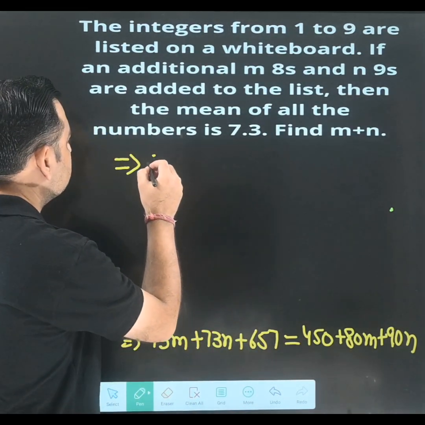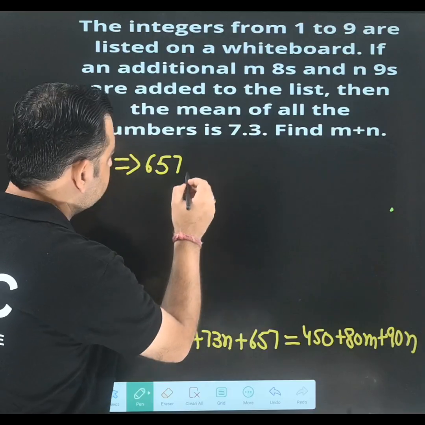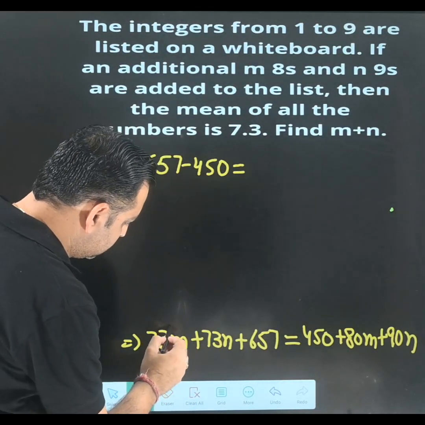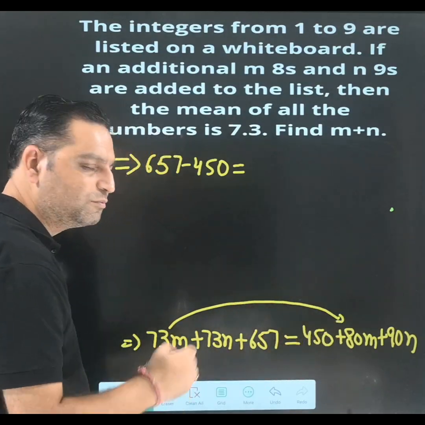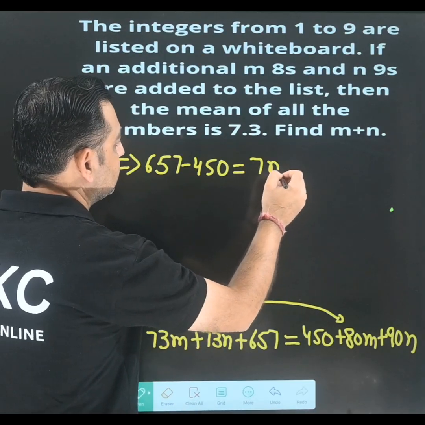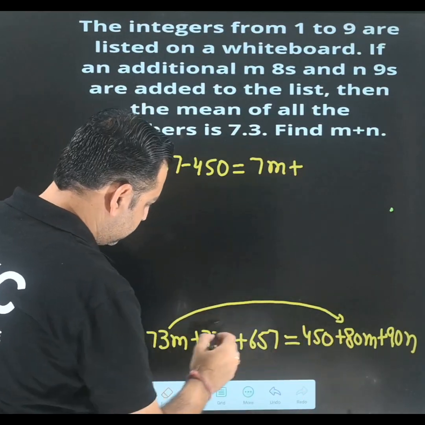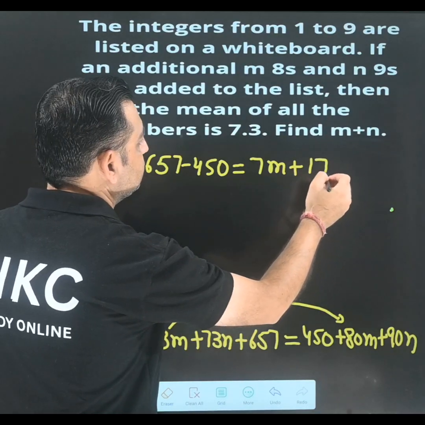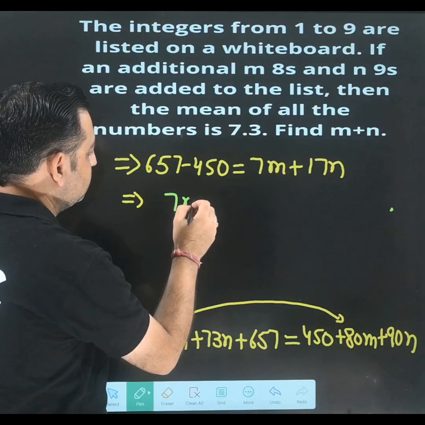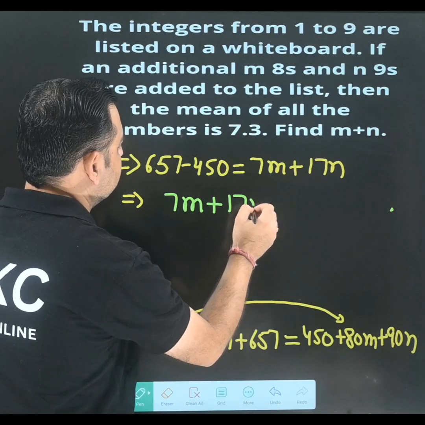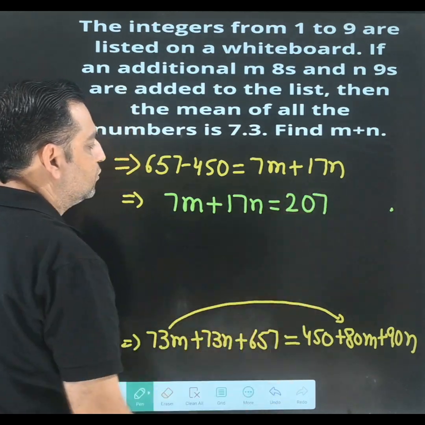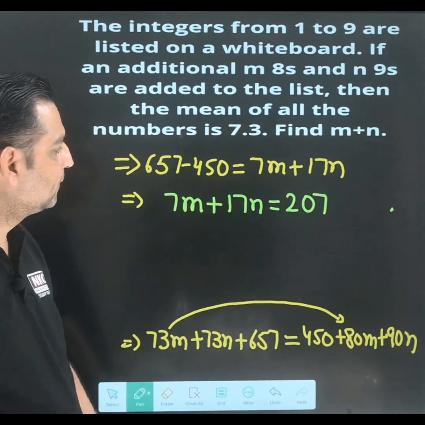What I am going to do, let me first bring 450 to the left side, and this 73m transposes to the right side. 80m minus 73m, I'll get 7m, and 90n minus 73n, I'll get 17n. So I'm getting an equation 7m plus 17n is equal to, if you do the subtraction, you will get 207.